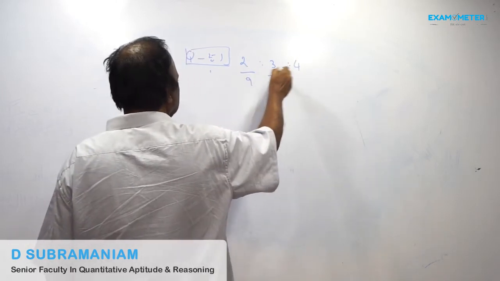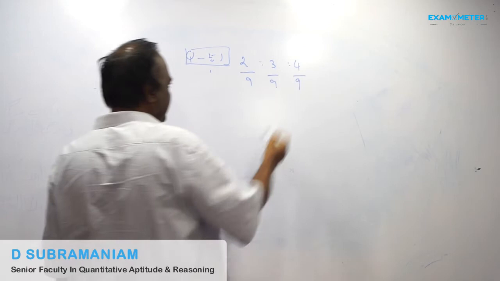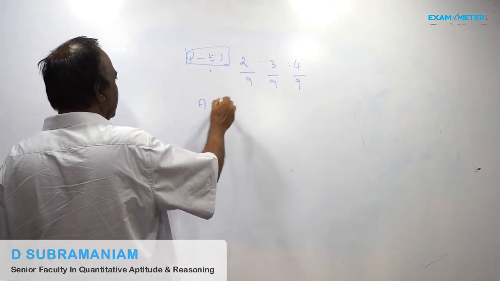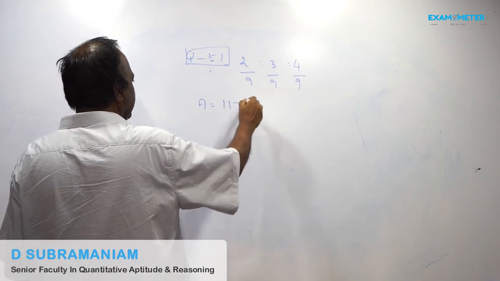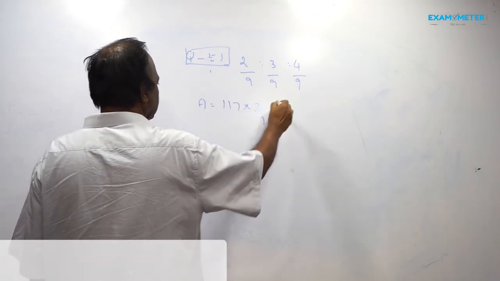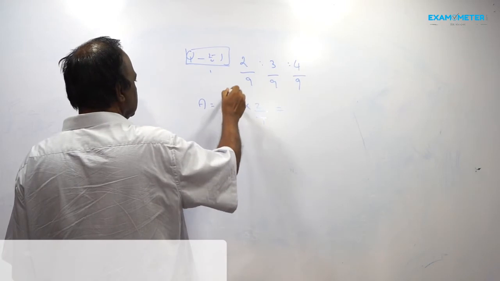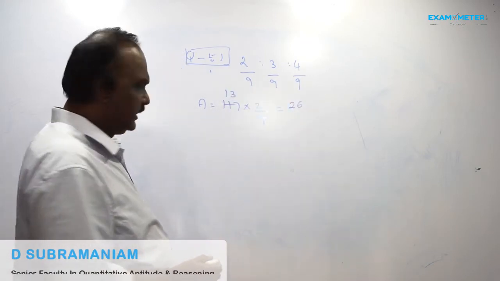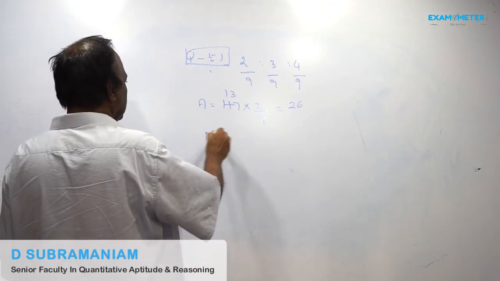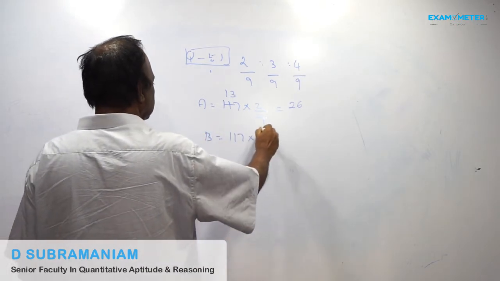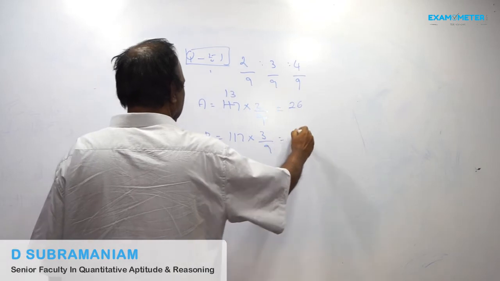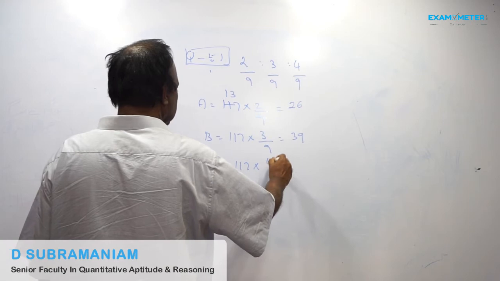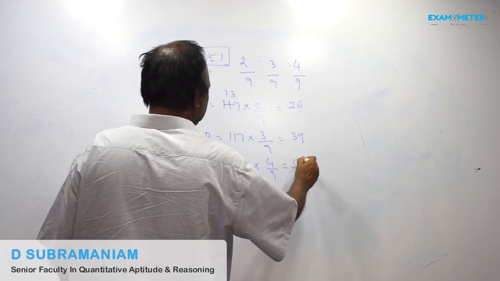2 by 9, 3 by 9, 4 by 9. So A will get 117 into 2 by 9, that is 26. B gets 39, and C gets 52.